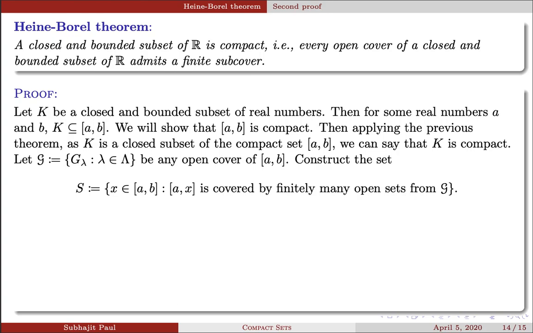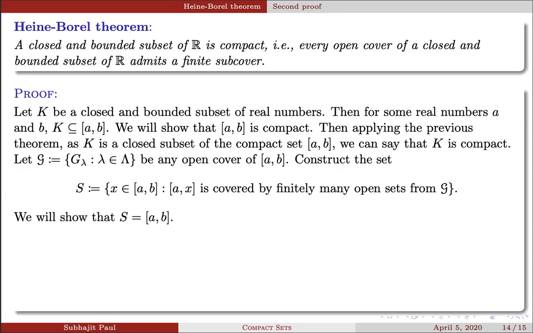Alright. Now, obviously, if we can show that the set S is entirely [A, B], then we can say that the closed interval [A, B] is entirely covered by finitely many open sets from G, and then that will prove this theorem, right?